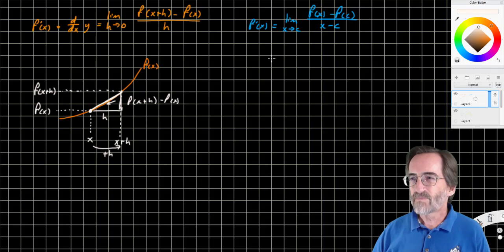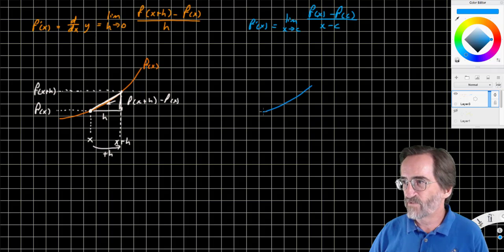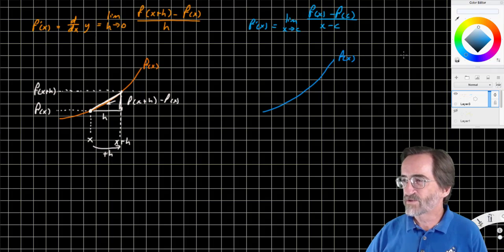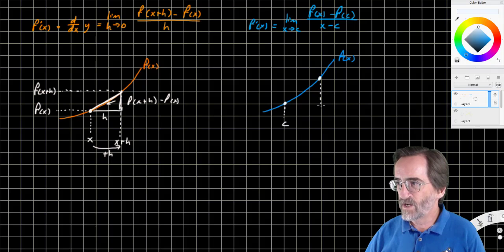In this particular case, in the alternative definition, it's really pretty much the same scenario. We have some function f of x, and we're finding the instantaneous slope at some point, and actually in this case at a point called c. We're going to take some other point, x not equal to c, and that's really important. x does not equal c.